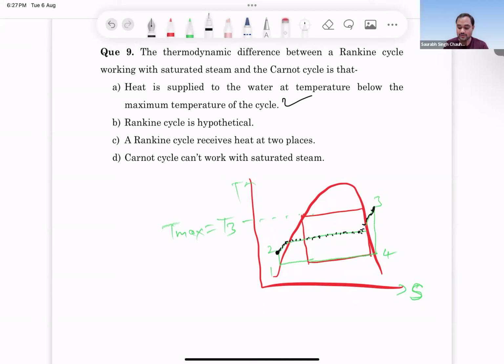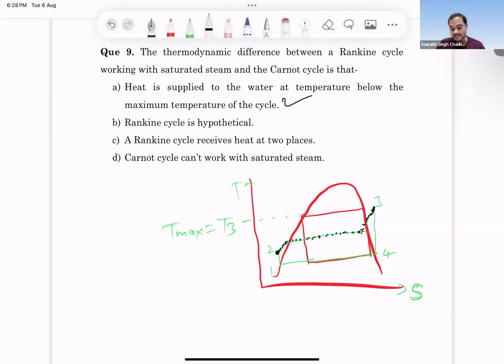Last part says that Carnot cycle cannot work with the saturated steam. Carnot cycle can work with the saturated steam. Actually, if it is working in the saturation region, then it will be easy to perform the isothermal process, because if you maintain the constant pressure, then in the saturation region, the temperature will be automatically constant if the saturation pressure is constant.